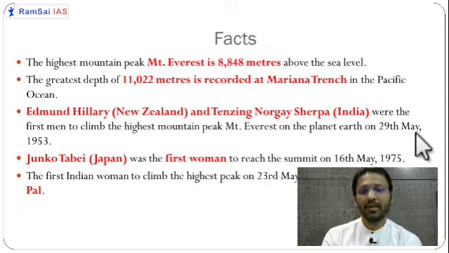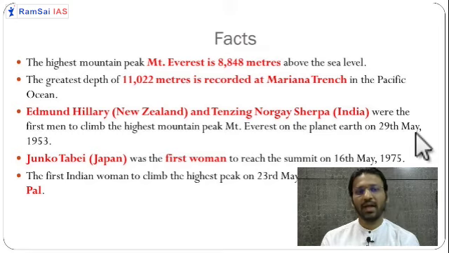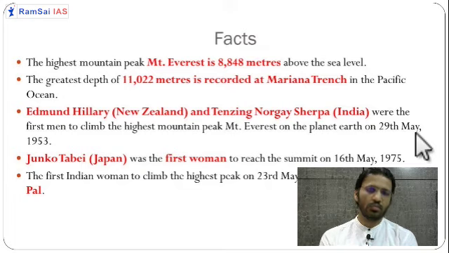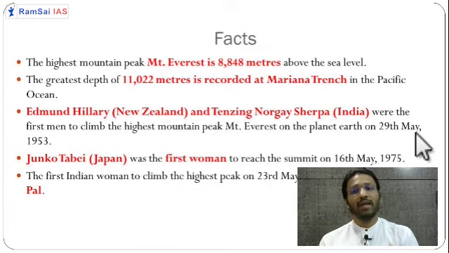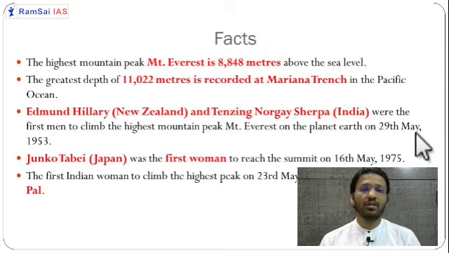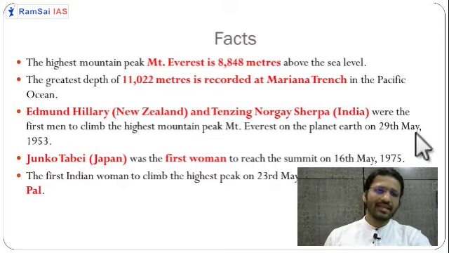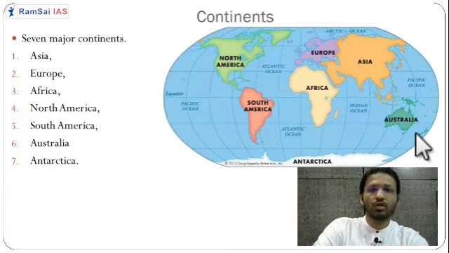And in the case of India, this name is hidden behind the screen, it is Bachendri Pal. Bachendri Pal in the 1980s was the first Indian woman who climbed Mount Everest. So these facts are given, which we should remember, as they can be asked in our exam. These are very important facts about the lithosphere.